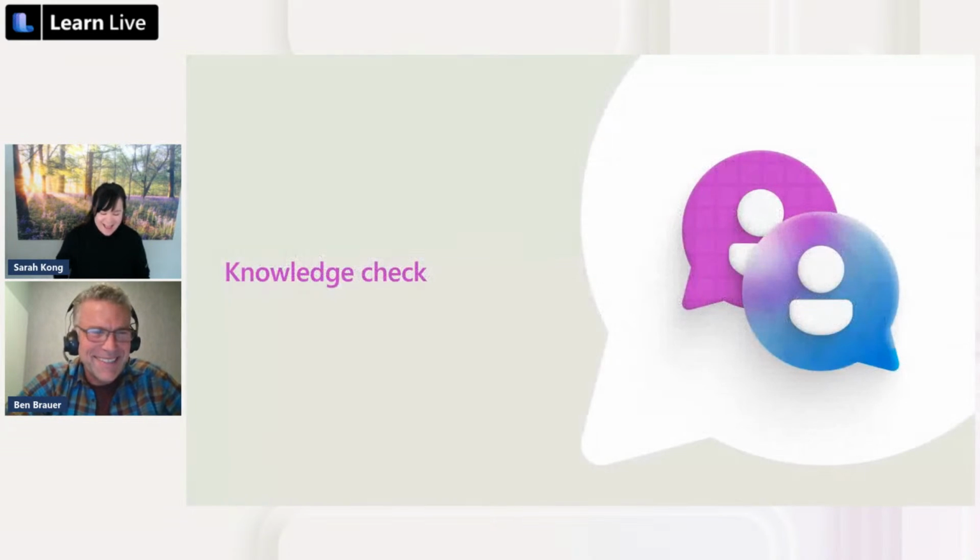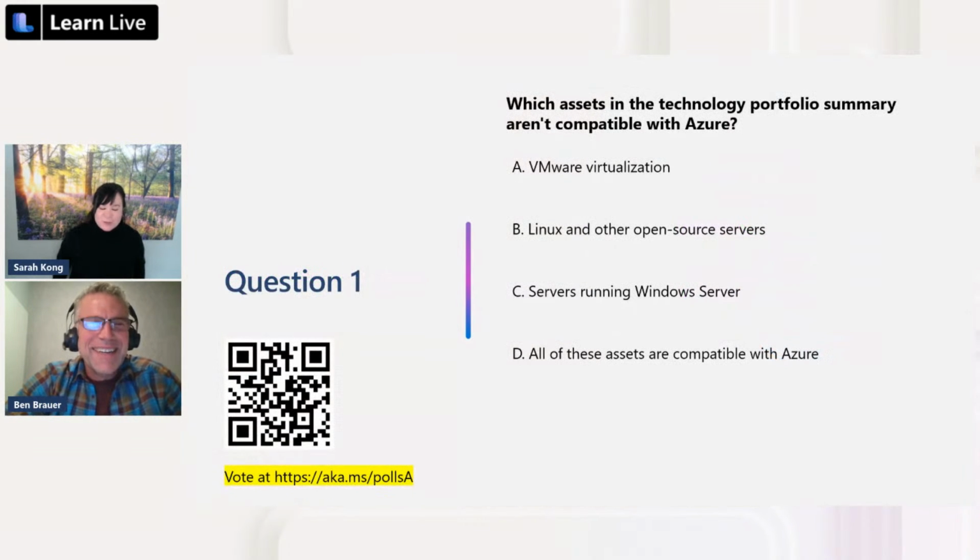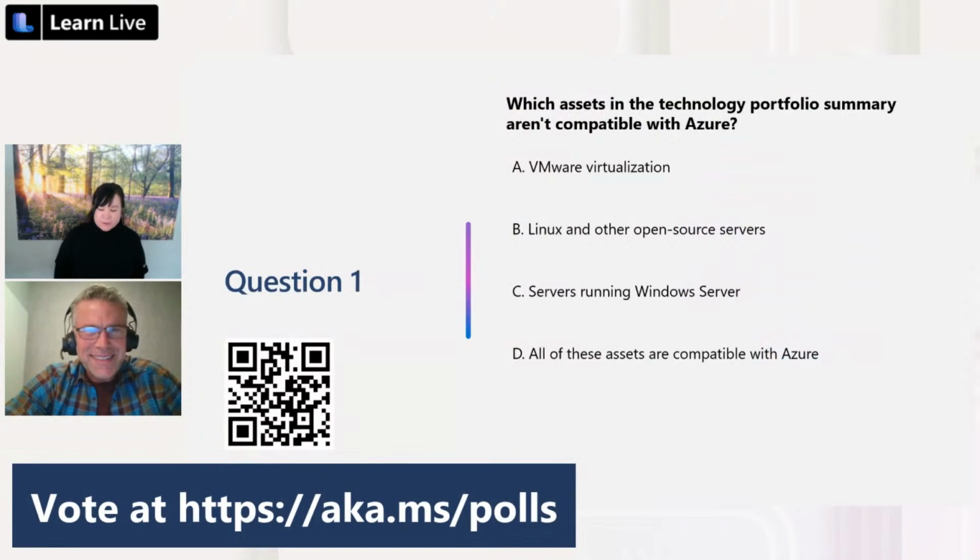Okay, so which assets in the technology portfolio summary aren't compatible with Azure? We've got VM virtualization, Linux and other open source servers, Windows Server, or all of these assets are compatible.